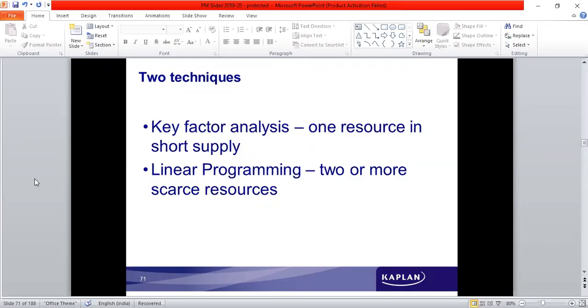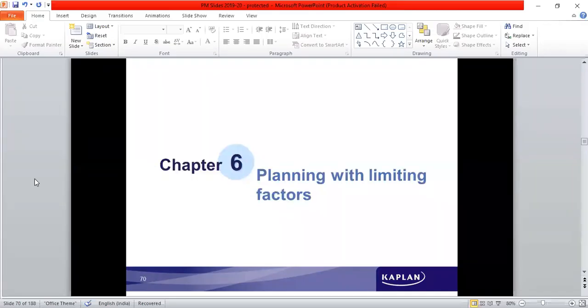Here, the title says there is a limiting factor. In that case, how do we plan? What is a limiting factor?